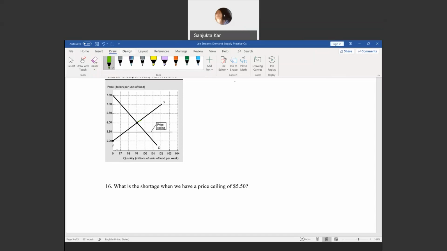This one's my equilibrium price right now. Equilibrium price and equilibrium quantity is 99. Equilibrium price and quantity we get where the demand curve intersects the supply curve. But now we have a selling price of $5.50 and this selling price is below the equilibrium price, which is $6.